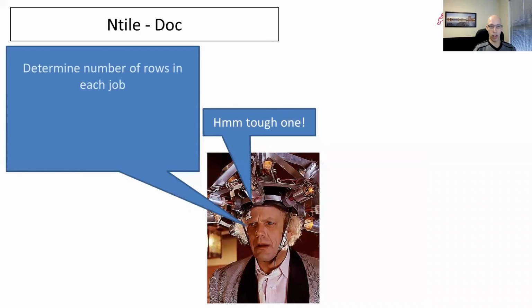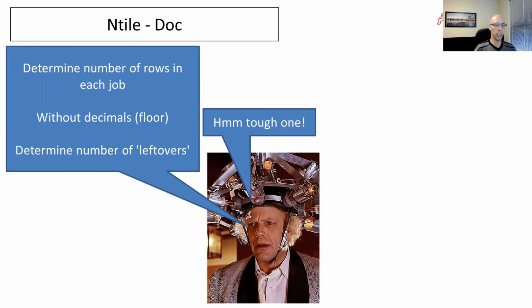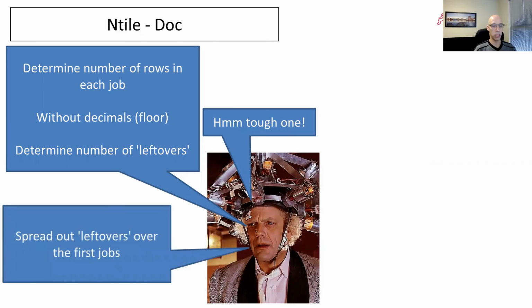Okay, let's try. So basically I need to count the number of rows. I need to divide that by 10, and I might have a remainder or leftover, right? So I need to figure out how many we've got. And then the whole number I can split up to 10 jobs, but then I need to spread the leftovers to the first jobs.